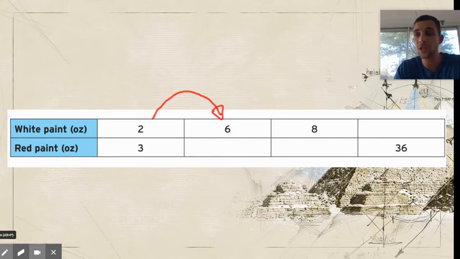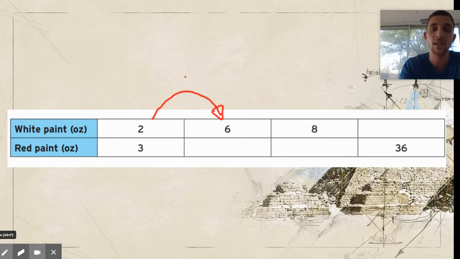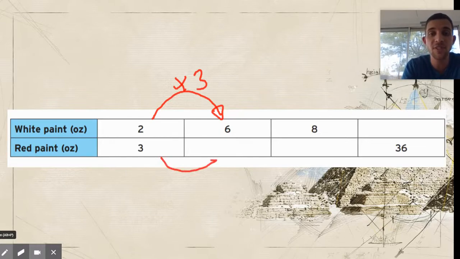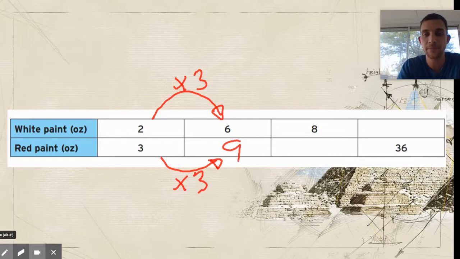And the multiplication scale relationship between 2 and 6 is times 3. That is my scale factor. So whatever I do on the top, I use the same scale factor on the bottom. 3 times 3 is equal to 9.